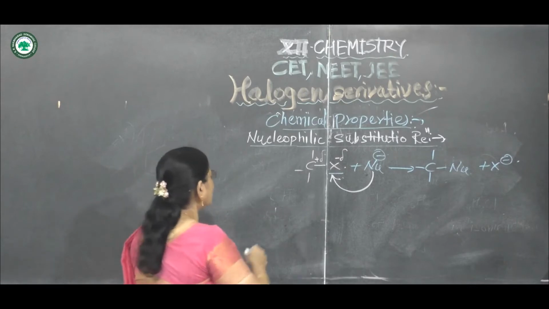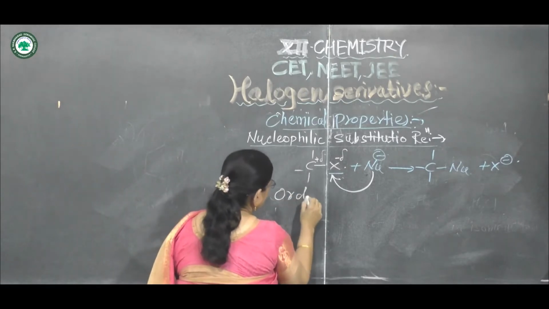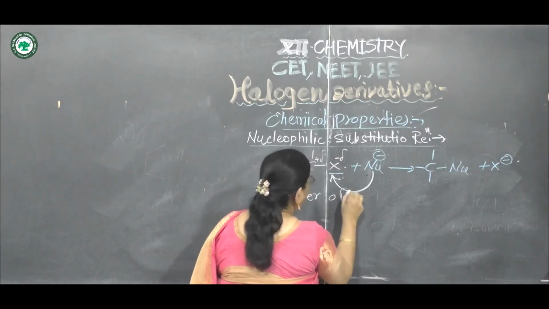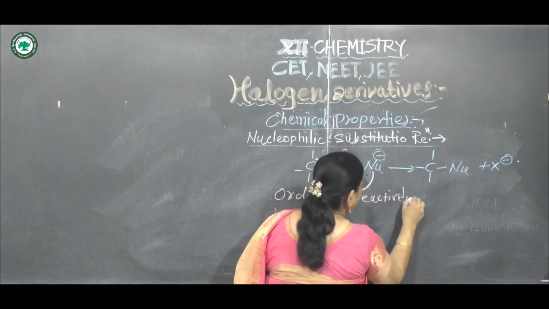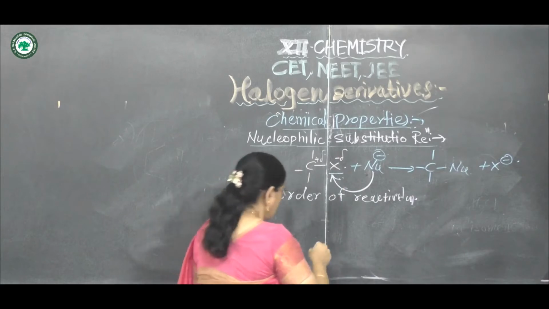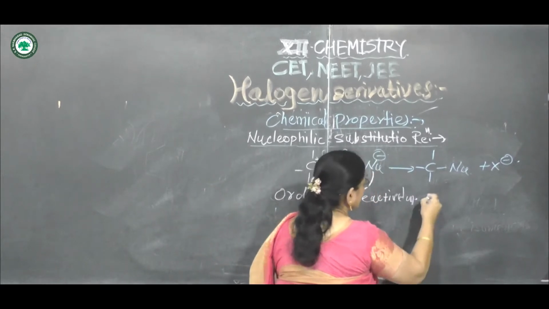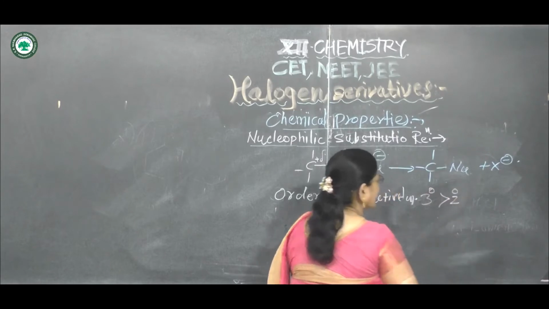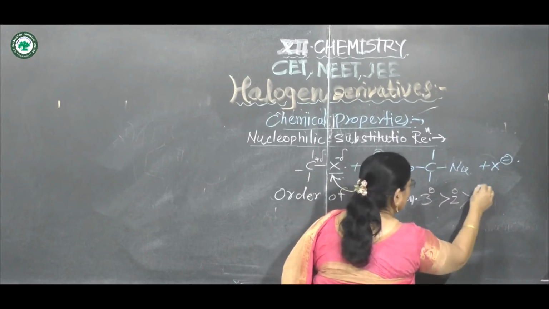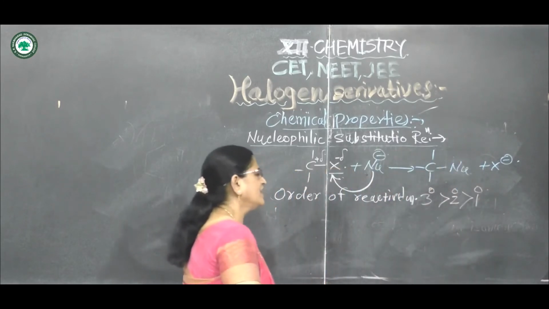Then what about the order of reactivity? See here, the order of reactivity in alkyl halides is tertiary alkyl halides, that is third degree, greater than secondary alkyl halide, greater than first degree alkyl halide.